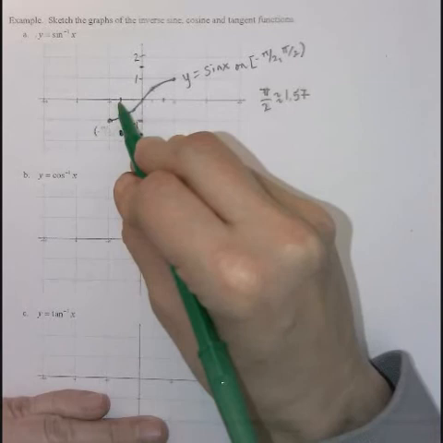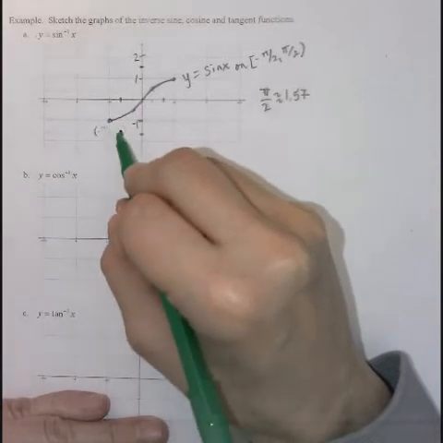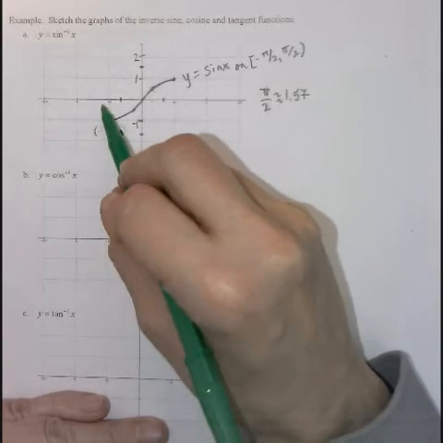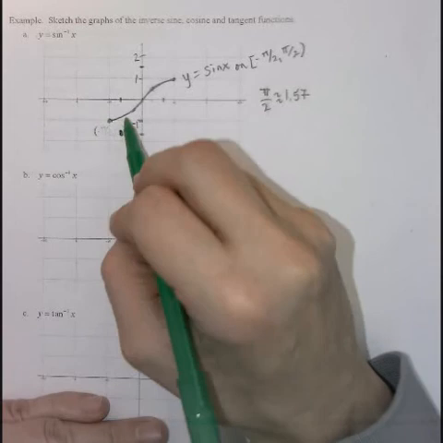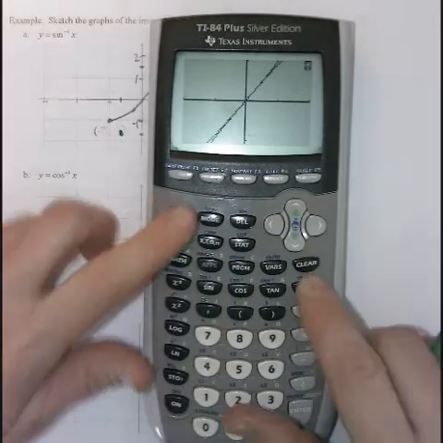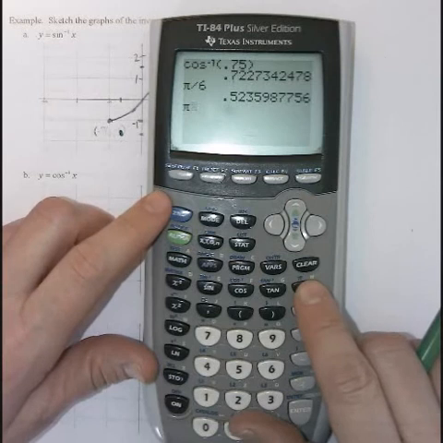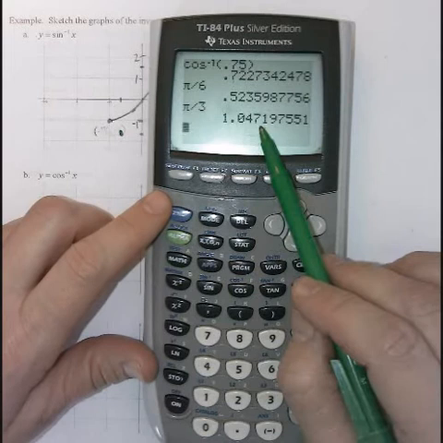Let's just do a couple other values that we know. So negative pi over 3, for example, that would be pretty close to the negative 1. Pi over 3 is about 1.04.